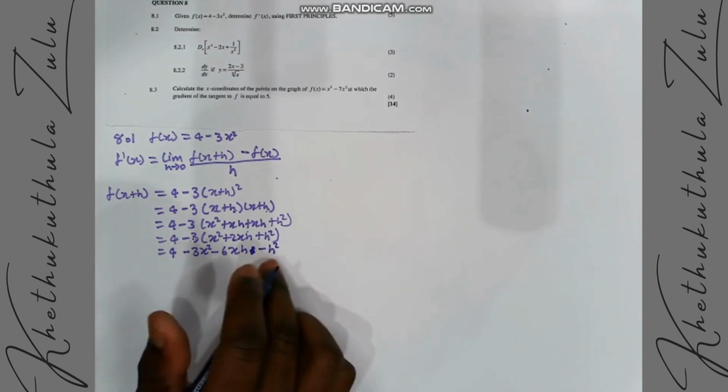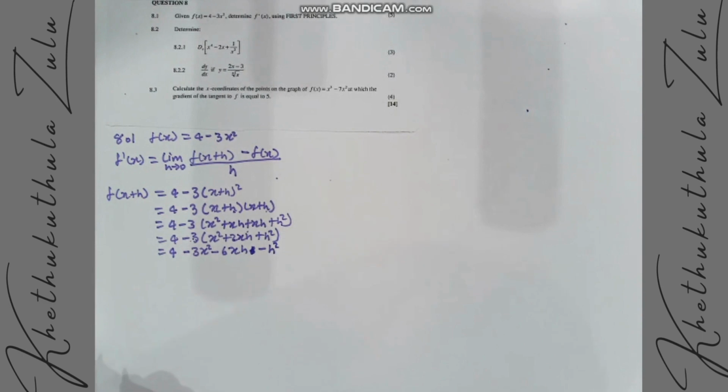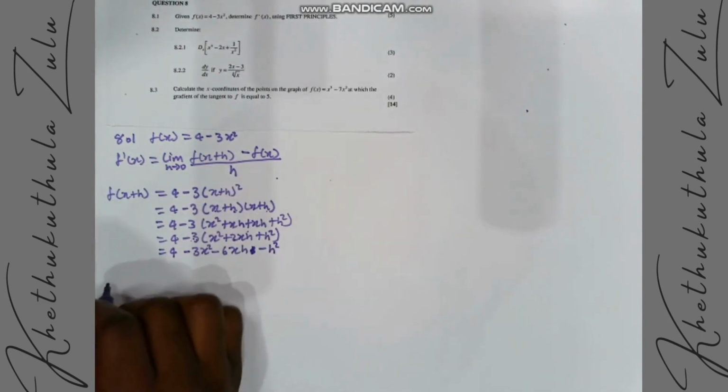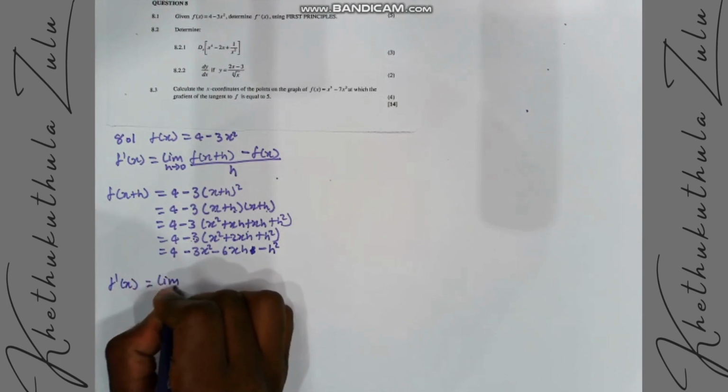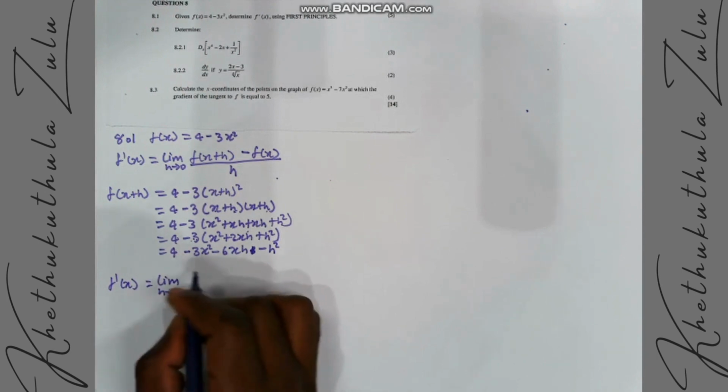Do you have any like terms here? I don't think so. We don't see any like terms here. Then we can go back to our equation, f prime of x is equal to the limit as h approaches 0.